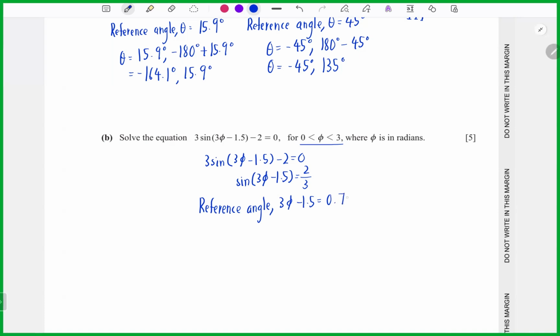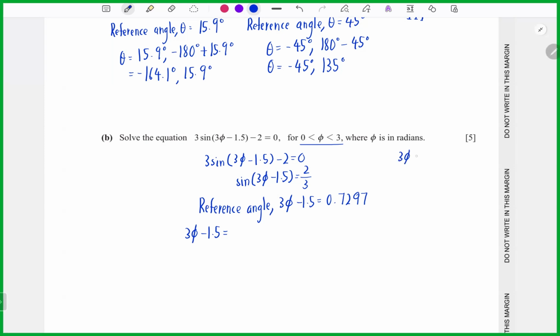0.7. Okay, so I take 4 significant figures here, 0.7297. Okay, the value is positive. So 0 until 3, right?